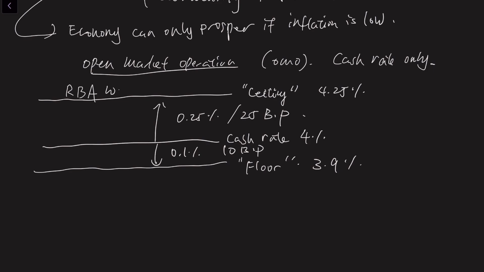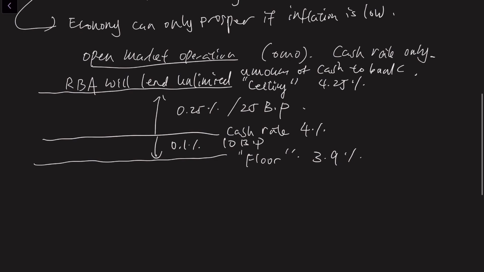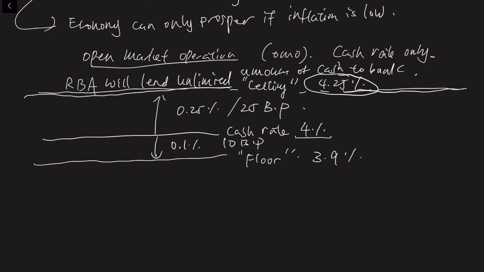Anything above this ceiling, the RBA will lend an unlimited amount of cash to banks. So the RBA is willing to lend to banks at a rate of 4.25% when the cash rate is 4%.